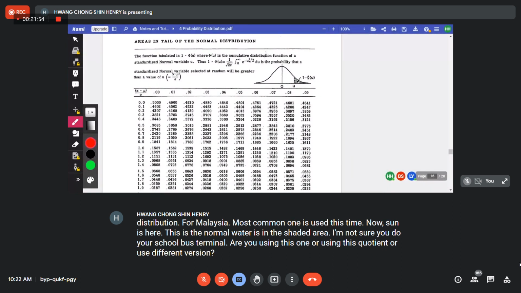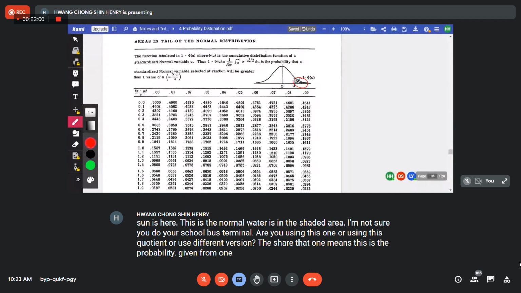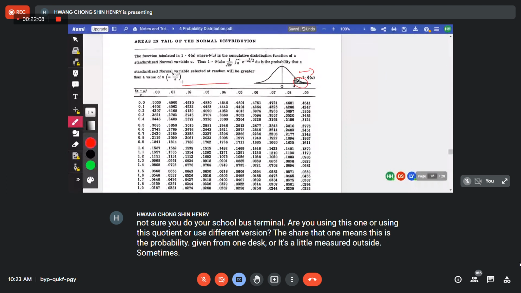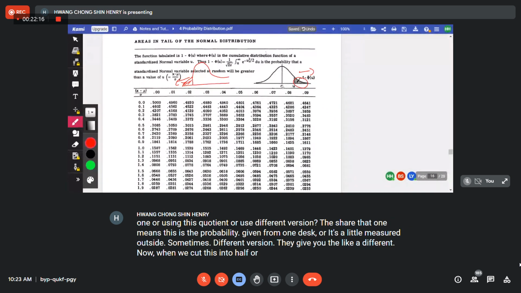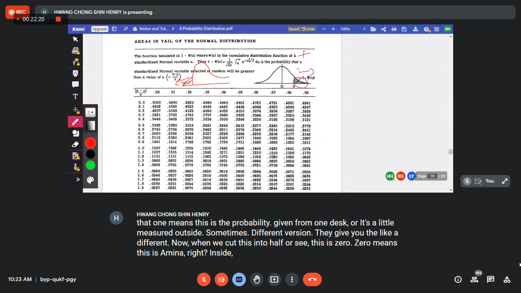The shaded one means this is the probability given from one z-score, I will explain later, measured to the outside. Sometimes a different version gives you the negative one. Now when we cut this in half, this is 0. 0 means this is the mean. The right hand side is always positive.